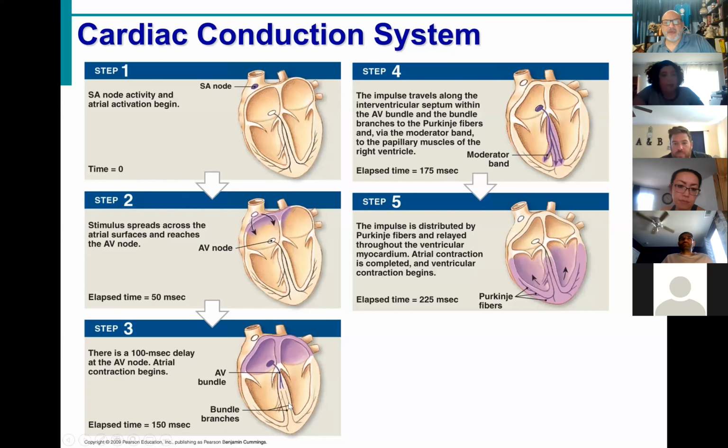As we know, this spread of the electrical signal across the atria causes the heart cells of the atria to be stimulated. When they stimulate, they produce an action potential, and they contract. And because of the flow of it, you get that uniformity to it.